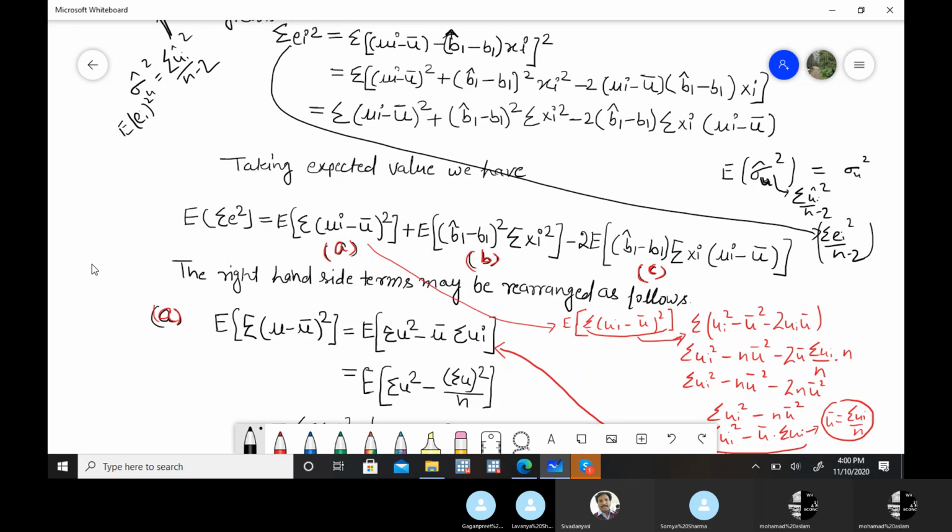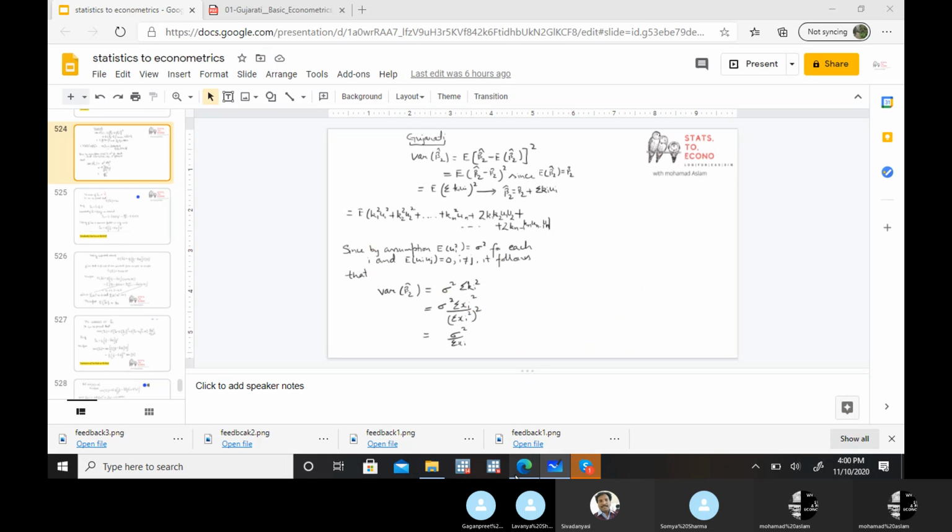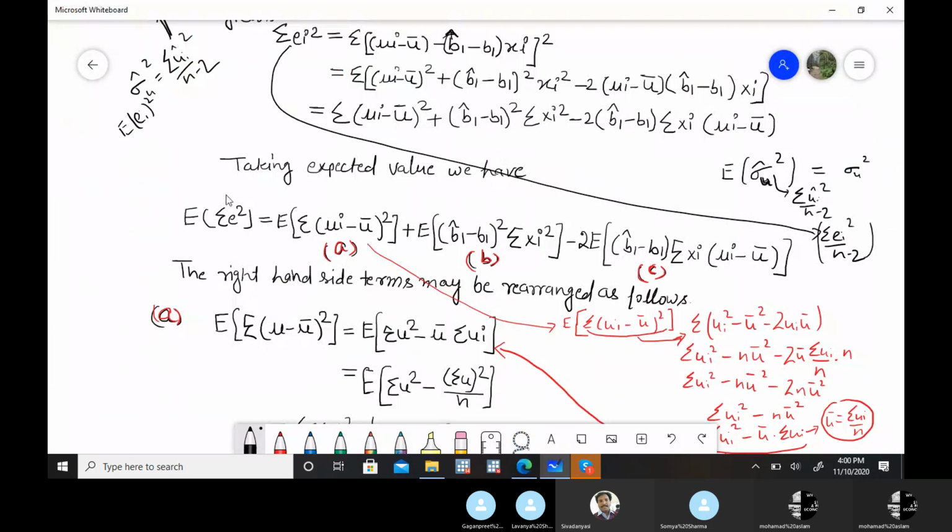Simply, since we derived the variance of beta 1 hat and beta 2 hat using sigma square, we need this value. So we also need this derivation, but we work with sample data, in which we have the sample variance.